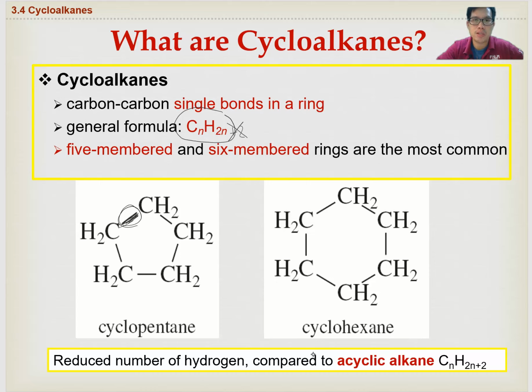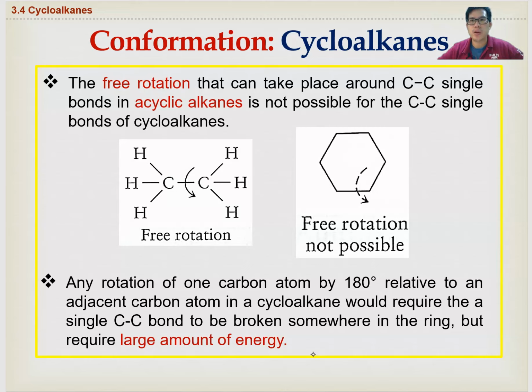In this case, when we're talking about the cycloalkanes, they will have a different conformation. Although a single bond has free rotation, carbon-carbon free rotation, in a ring we do not have free rotation, because the ring is restricted.